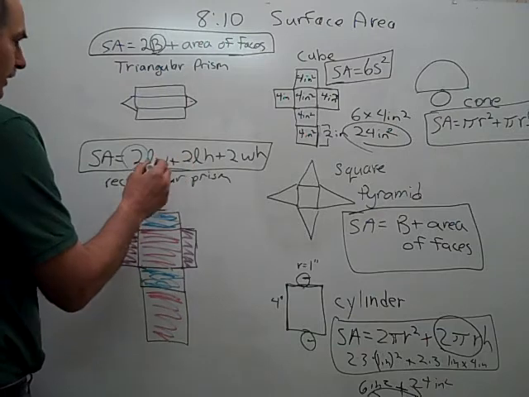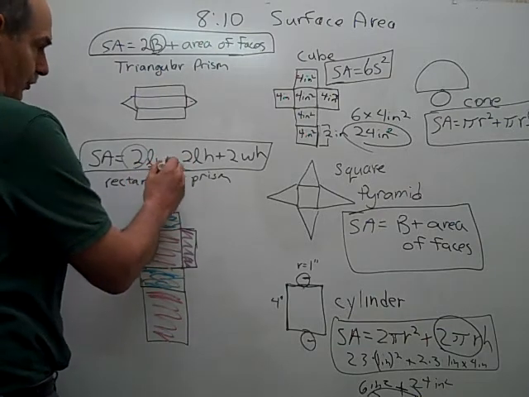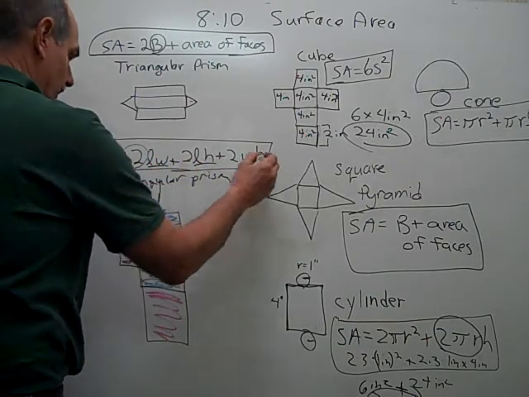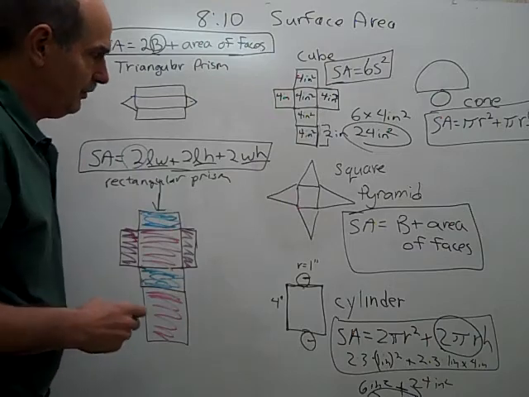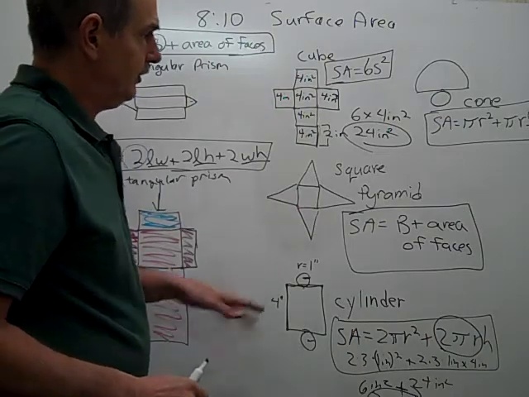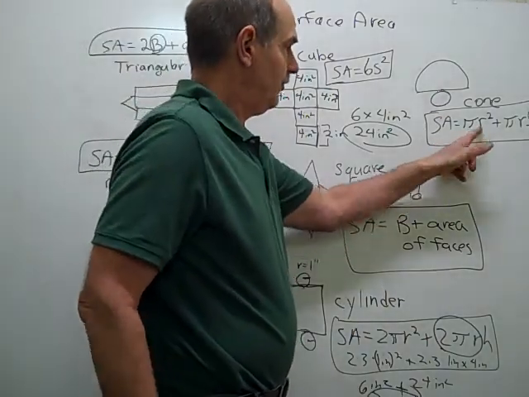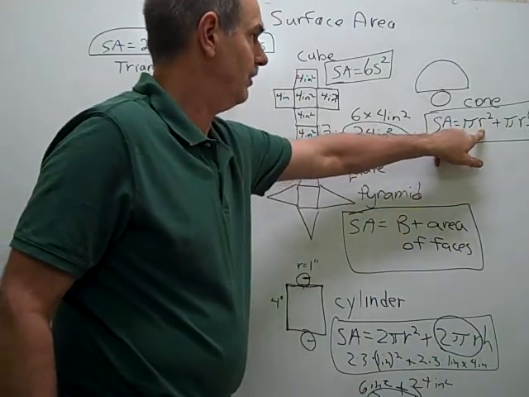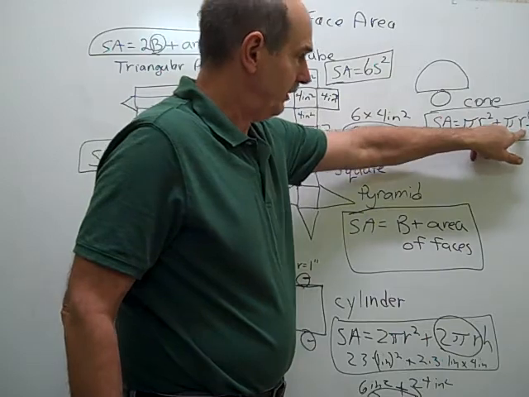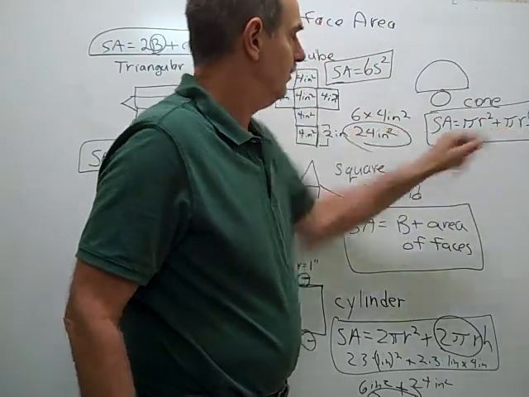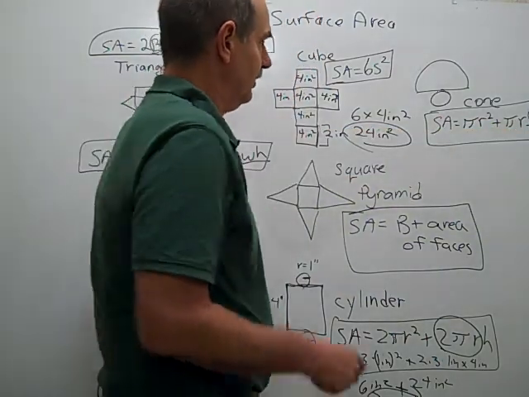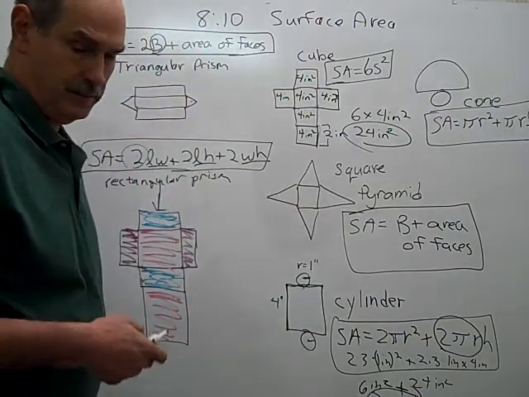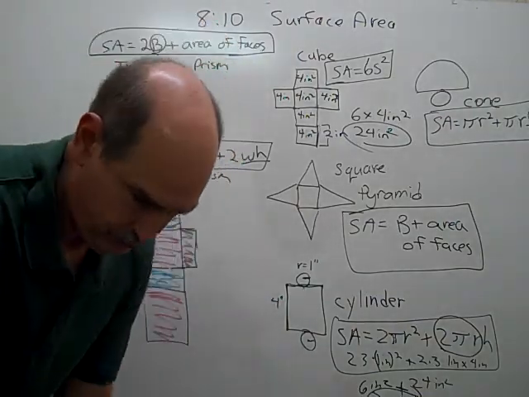So here it's length times width that gives you the square units, length times height, width times height. When you do something with a circle in it, like the cone, the radius is going to be some unit of measurement, like inches times inches, and then the length is going to be the slant height of the cone.